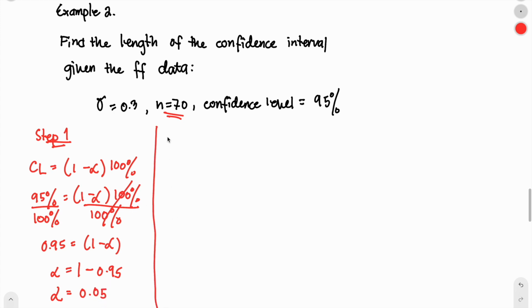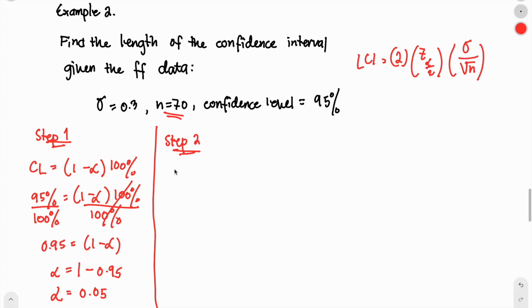Now, on step 2, since this problem doesn't give us the upper and lower central limits, our LCI can be taken by 2 times z sub alpha over 2 times sigma over square root of n.